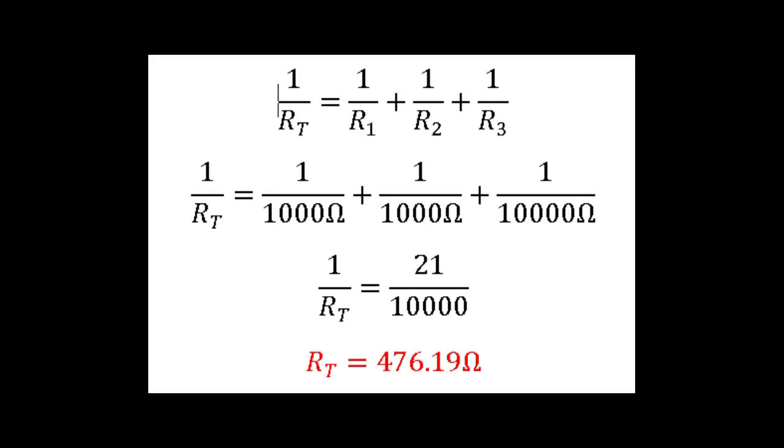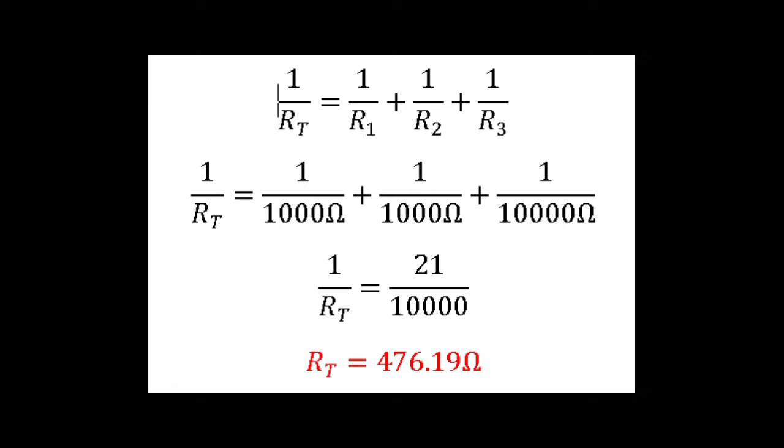So for the first calculation, to find the total resistance in parallel circuit, the formula is 1 over R sub t is equal to the sum of all reciprocals of the values of resistors.